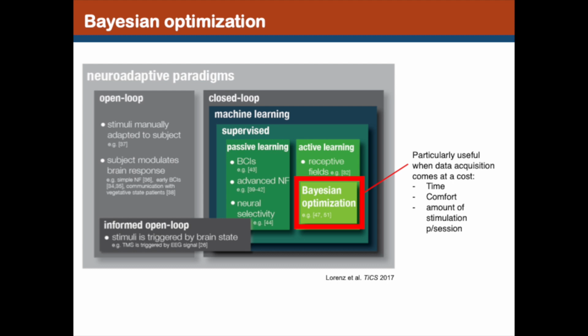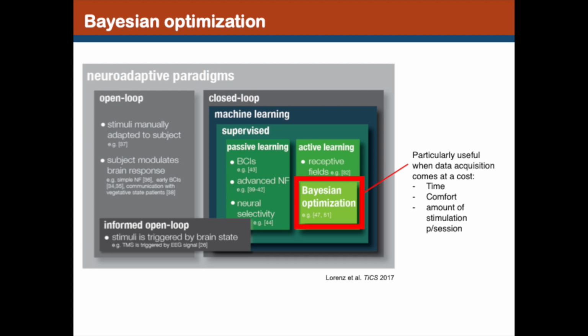But again, your brain is changing, so none of this is stationary. People have shown that your alpha activity also changes if you get tired. So you can do some sort of closed loop. Closed loop seems better because you can adapt the stimulation depending on the way that your brain is responding.